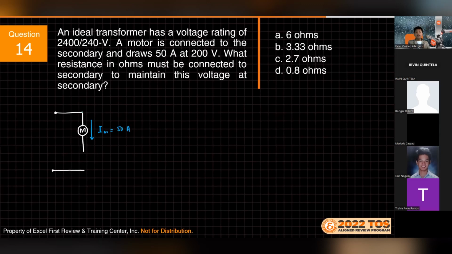Tapos, ang voltage across that one, ay ano ba to? Mali ako ng guhit. And there, V sub M is 200 volts. Yan.